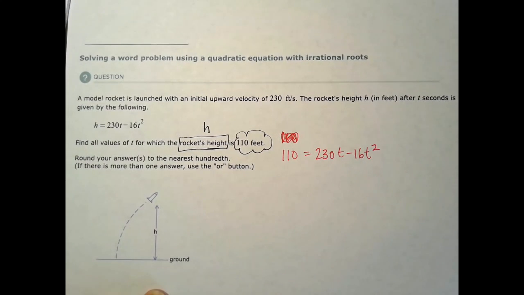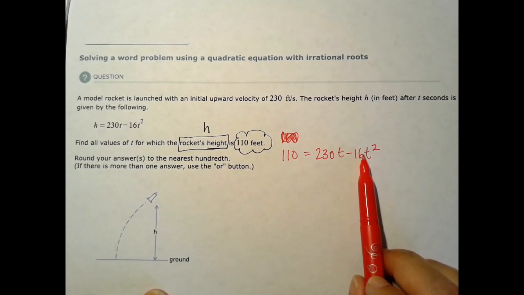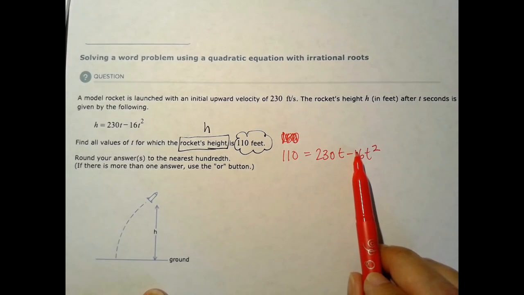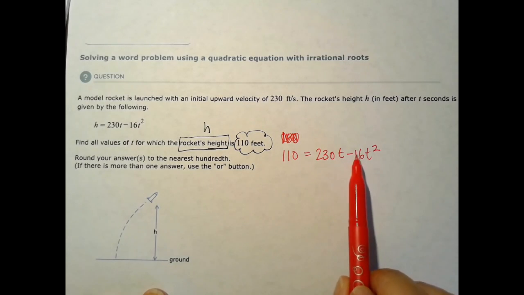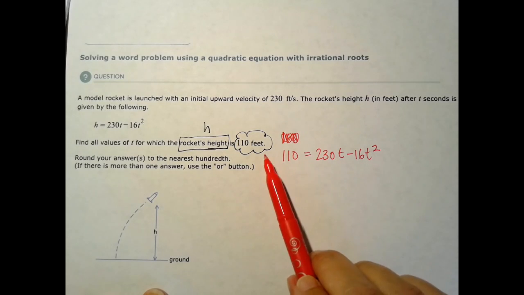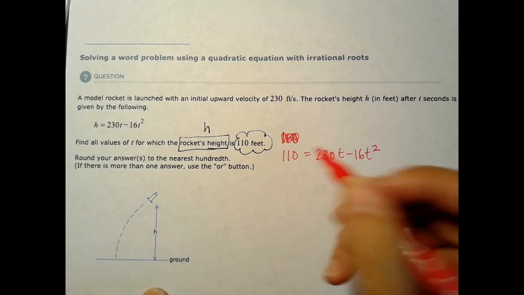The best way to work these is to write your squared term first, in descending order, and you typically want this to be positive. So all I'm going to do is rewrite this so that the 16t squared is on this side, and we'll get equal to 0, which is our standard form.